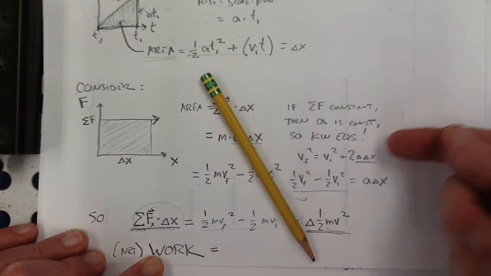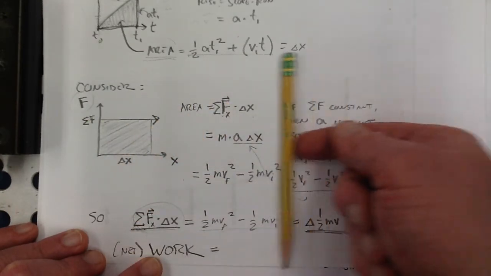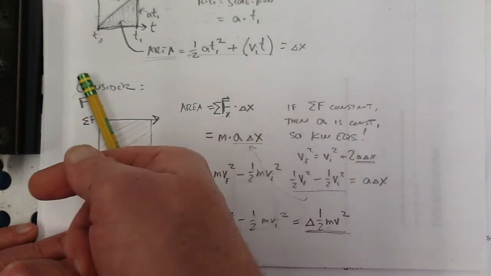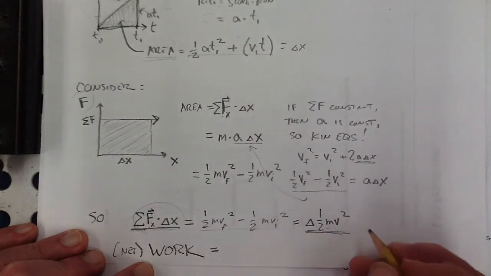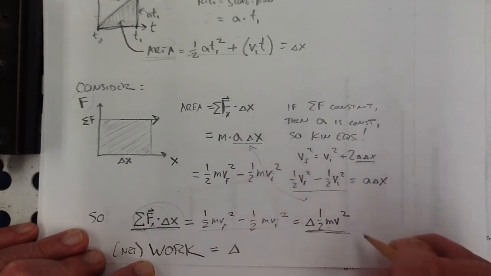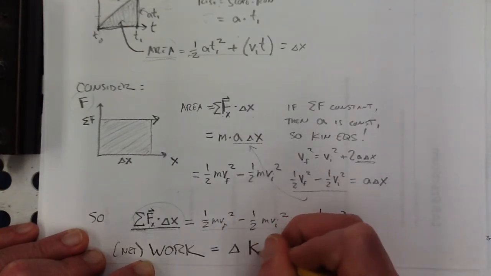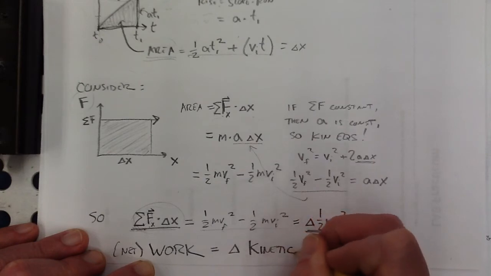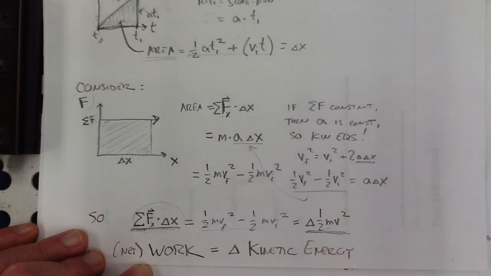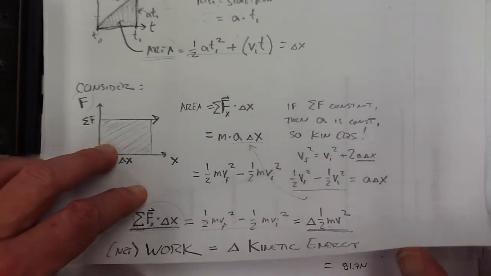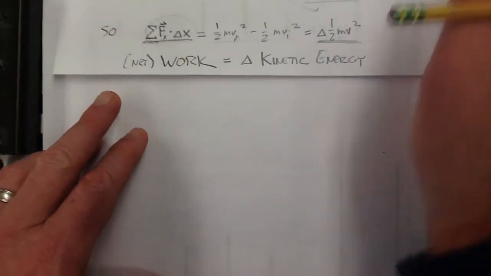If there's an object here and some force comes along and acts on it through some displacement, then work has been done on the object by that force. That's equal to delta of this thing, 1/2 m v squared, that we're going to call kinetic energy. So there you go. That is a theorem, sometimes called the work kinetic energy theorem, and it's a good one.